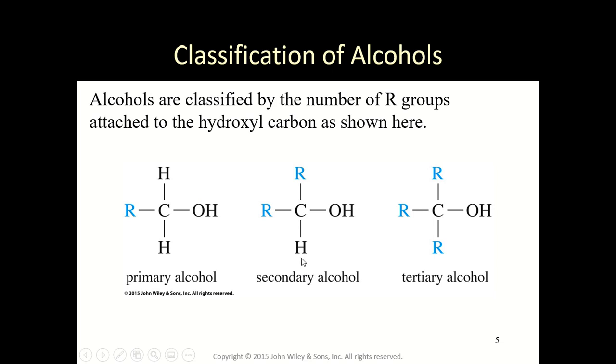A secondary alcohol is a hydroxyl group attached to a carbon that is attached to two other carbons. A tertiary alcohol is a hydroxyl group that is attached to a carbon that attaches to three other carbons. Their chemistries will be a little different.